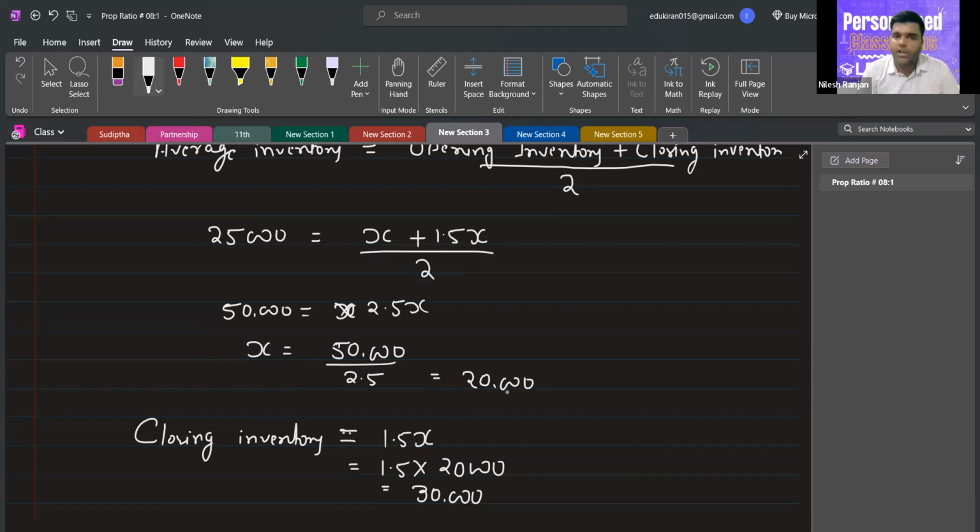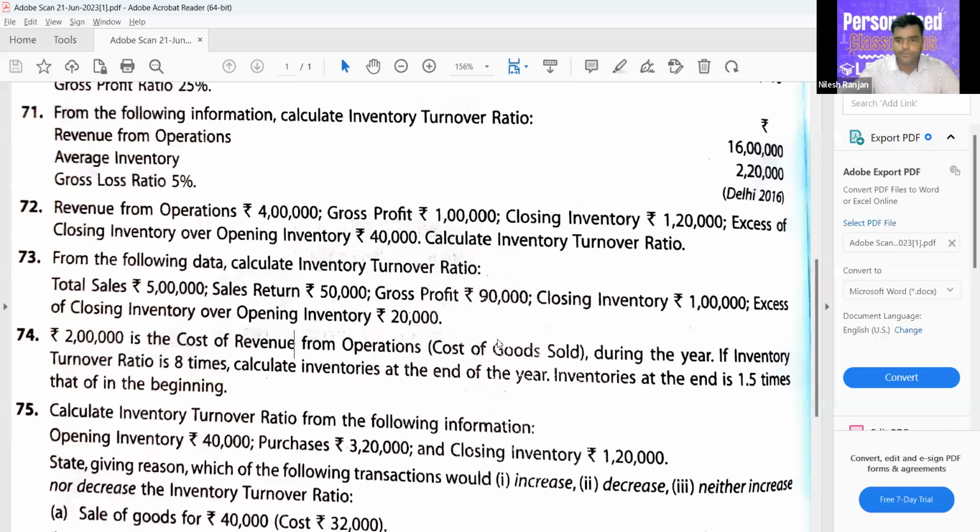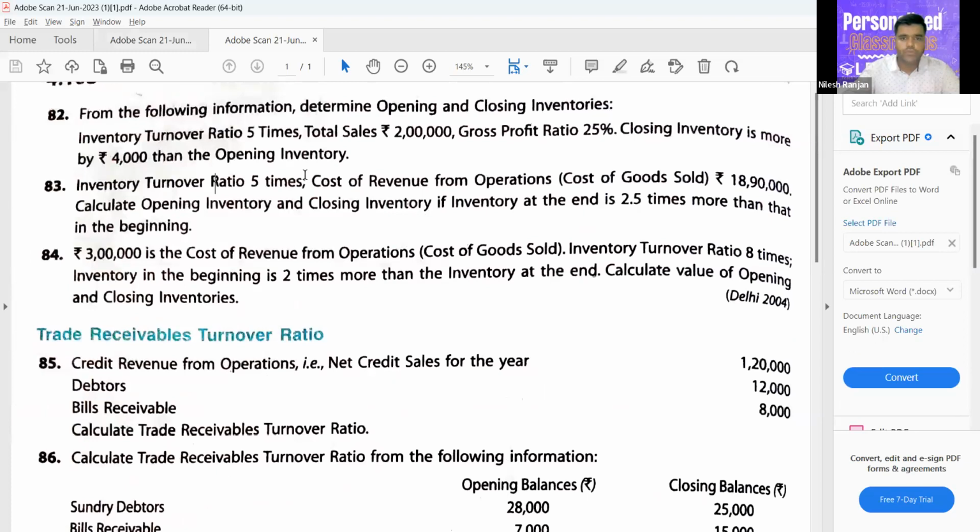Yes, sir. Now, if you are able to solve these types of questions, can I give you one question? Okay, so this is your question here. You can see question number 82. Can you solve these types of questions?